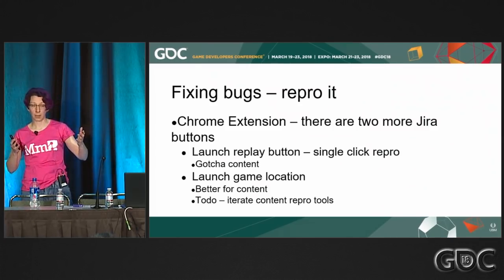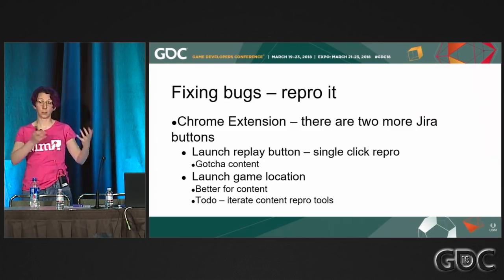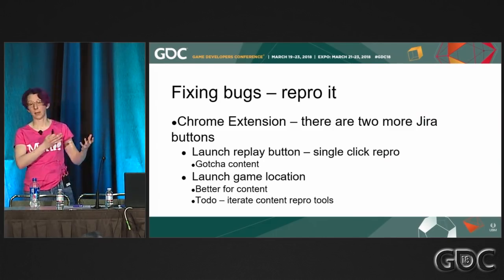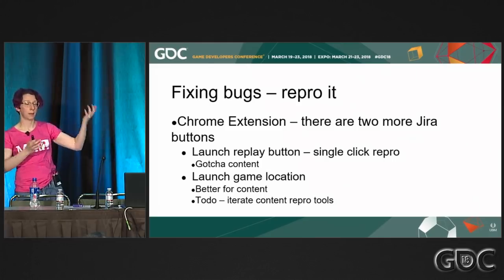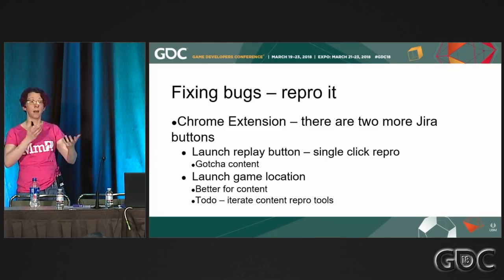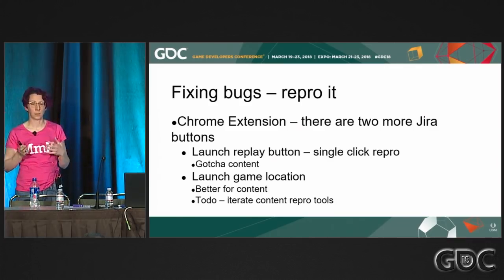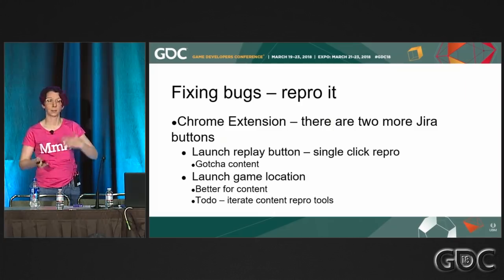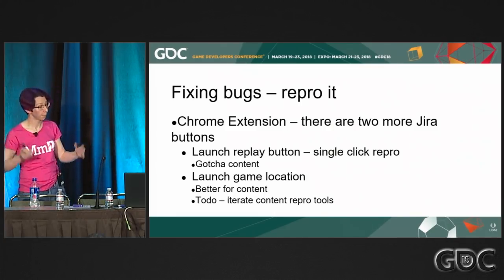So launch game location will launch an artist into their dream at a particular point. So for example, if QA was saying, this tree over here is too green, they would attach the game location, and then the artist could launch into it and see the tree that they were talking about and fix it. And then when QA go to check the fix, they can launch the game location and see the new, less green tree.